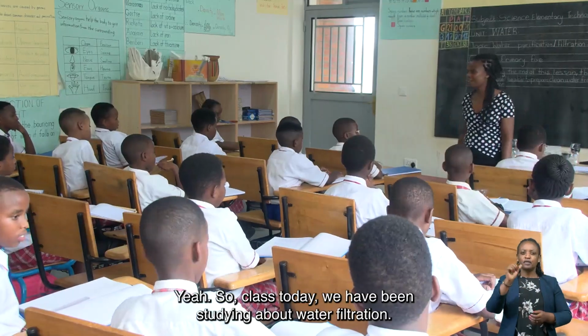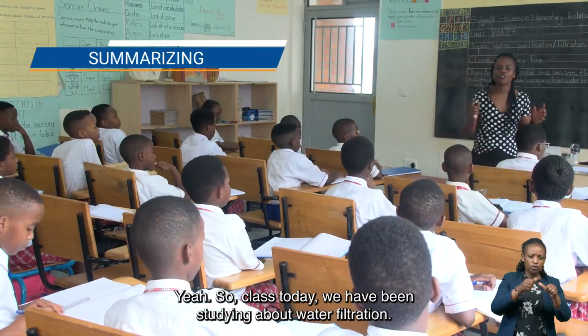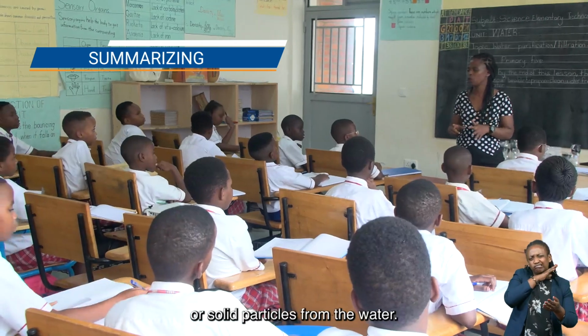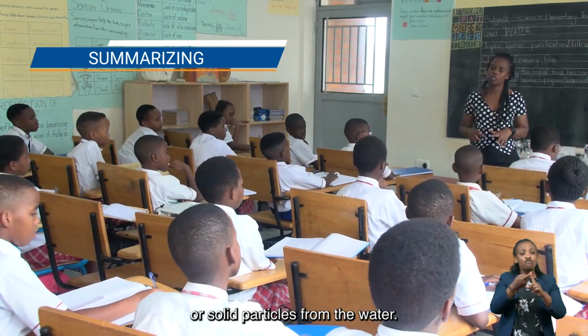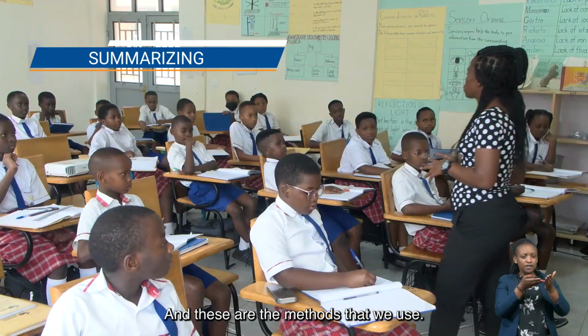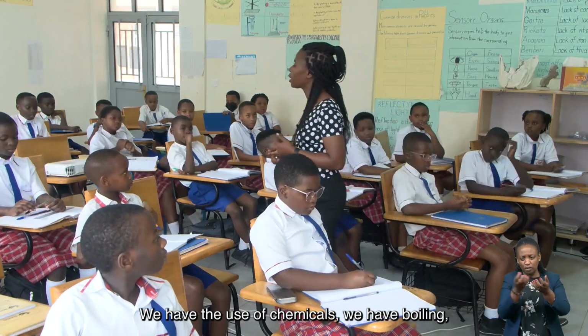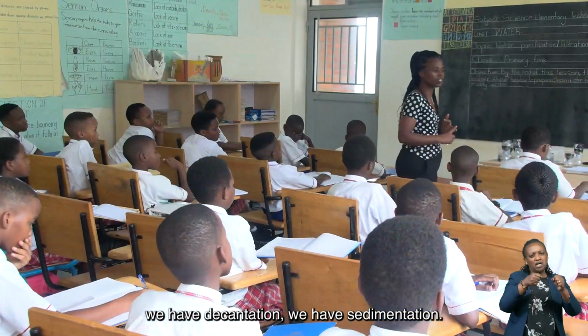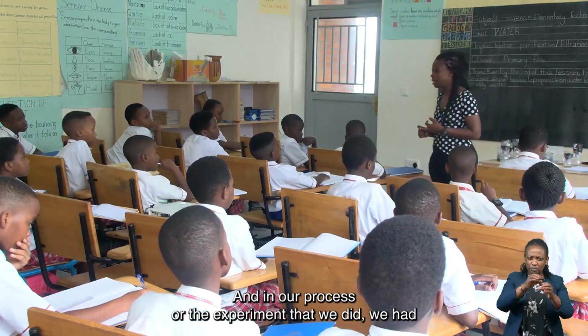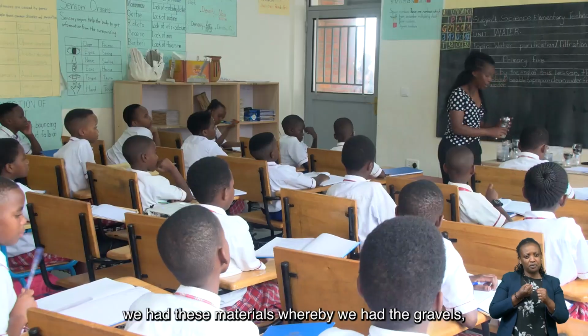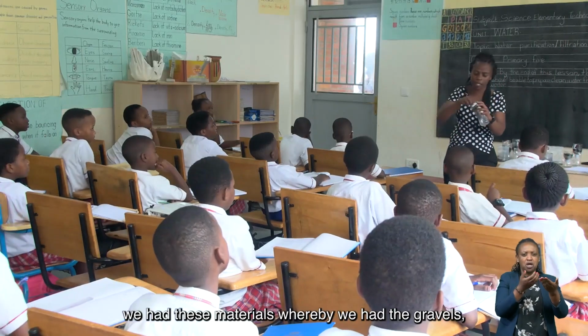Yeah, so class, today we have been studying about water filtration. And this is where we remove dirty particles or solid particles from the water. And these are the methods that we use. We have the use of chemicals, boiling, decantation, sedimentation. And in our process, all the experiment that we did, we had these materials whereby we had the gravels.